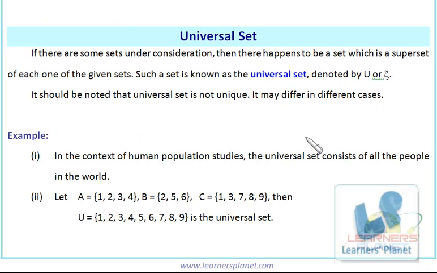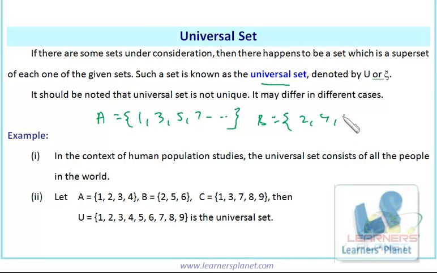Next we have the universal set. See, the universal set is, you can say, the master set. If there are some sets under consideration, then there happens to be a set which is a superset of each one of the given sets, and this is called the universal set, right? Suppose I have a set A that's {1, 3, 5, 7}, that is the set of all odd natural numbers, and I have the other set {2, 4, 6, 8}, that is set B, the set of all even natural numbers.